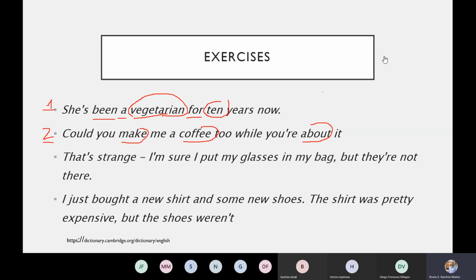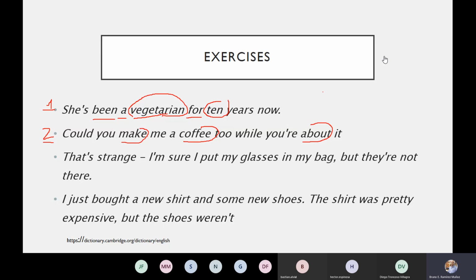It's always going to be new. We're not going to change any of the vowel sounds to put a schwa there. So for both new shirt and new shoes, the word new will have only one form, which is the strong form.